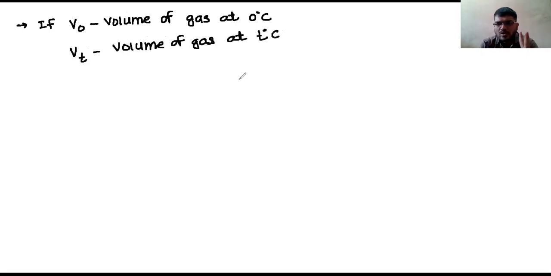Okay, there are two volumes we have considered. One is V0 at 0 degrees Celsius, and Vt is at t degrees Celsius.